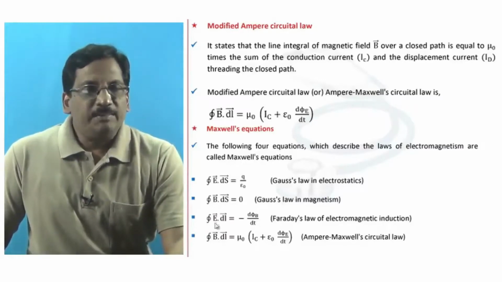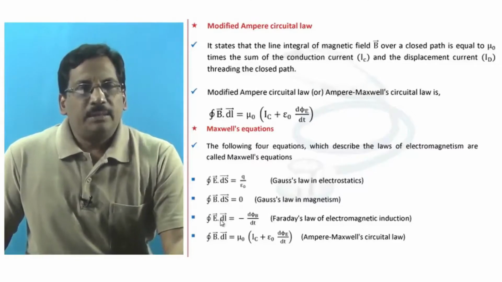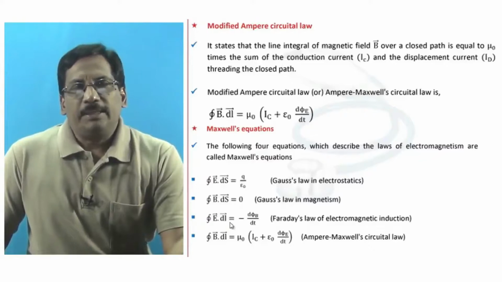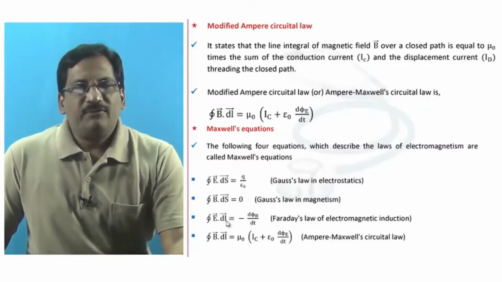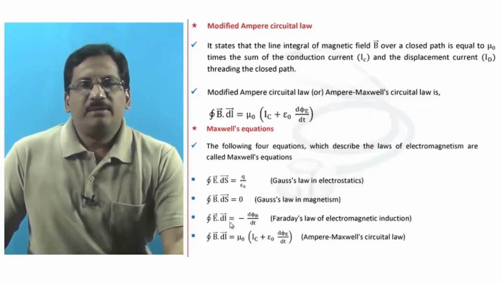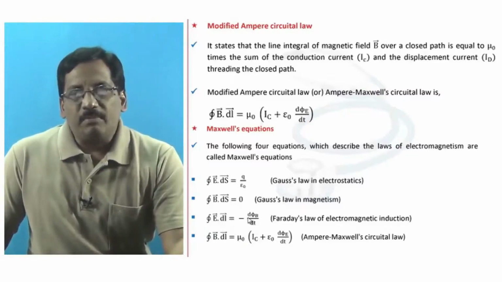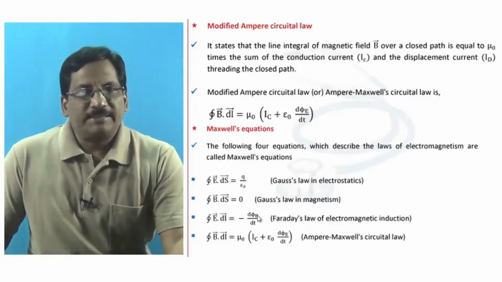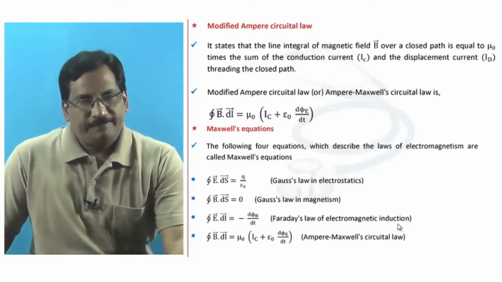Actually, this will be equated to the EMF, and in its original form we say the integral of E bar dot dl bar over a closed path is equal to minus d by dt of the magnetic flux, and this is called Faraday's law of electromagnetic induction.